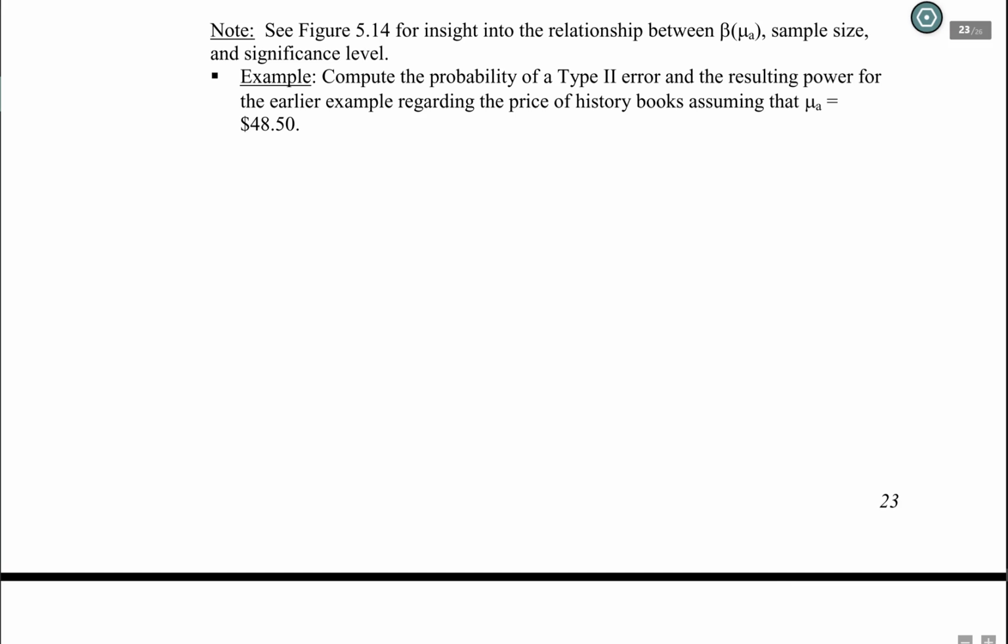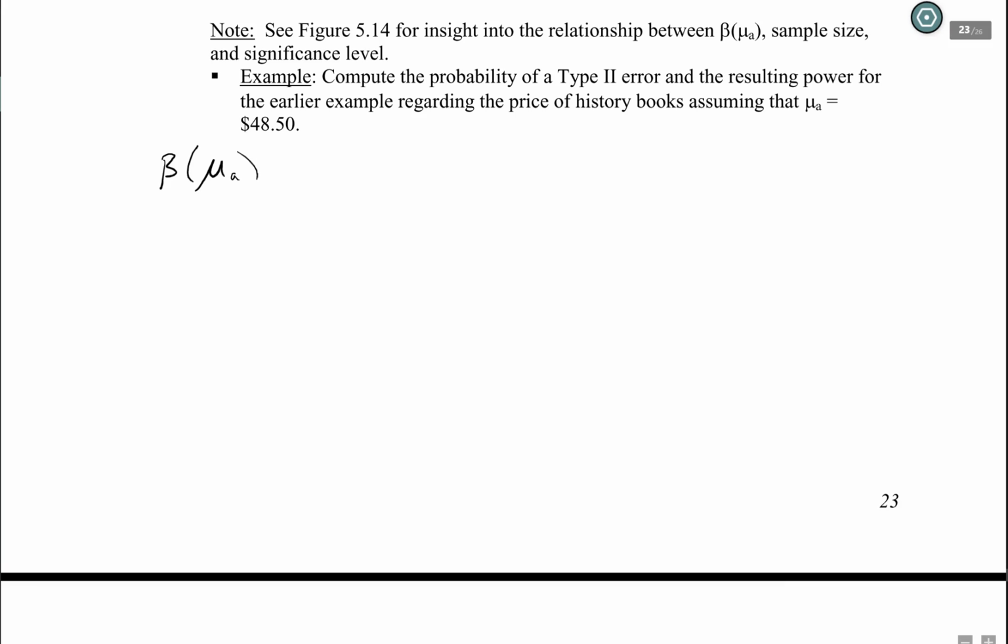That is, if we knew the population mean was 48.5, what's the chance of a type 2 error? I misspoke earlier. What's the chance that we draw a sample that would yield a test that would not reject the null when it should have, if in fact mu was 48.5?